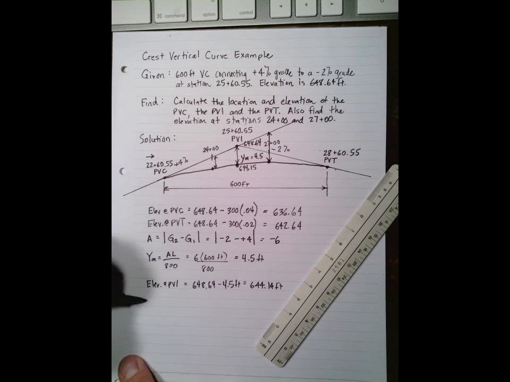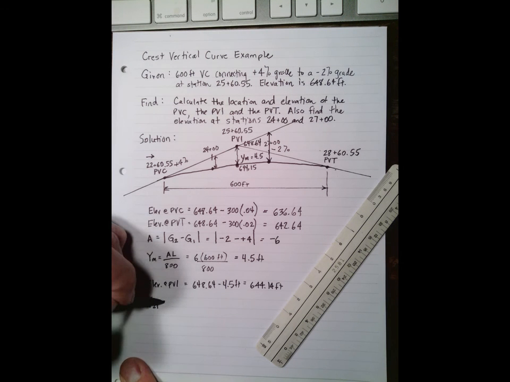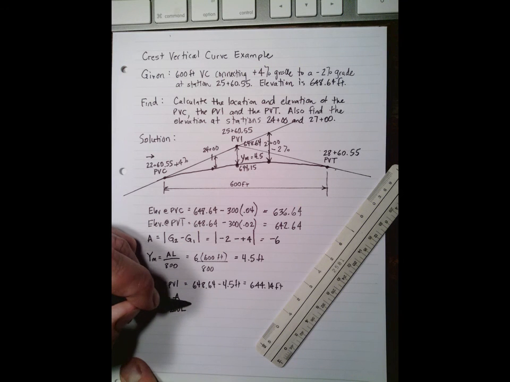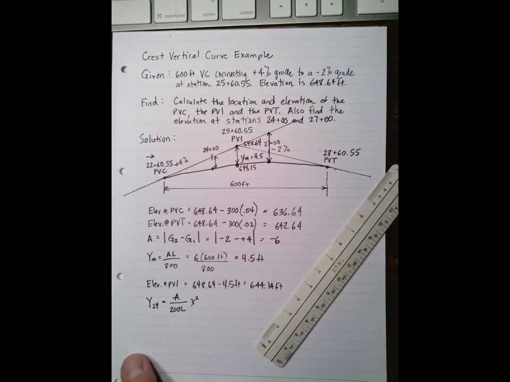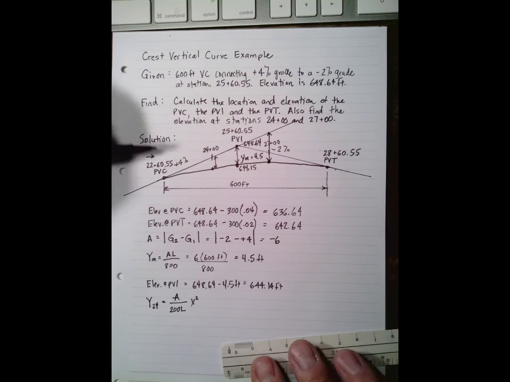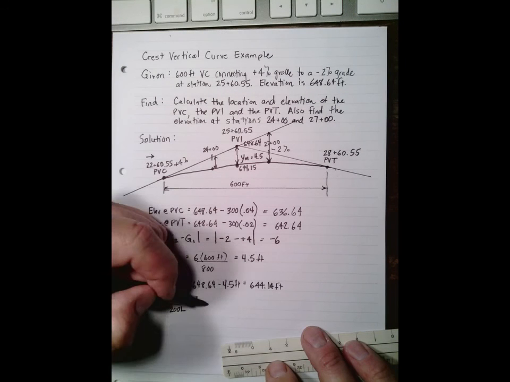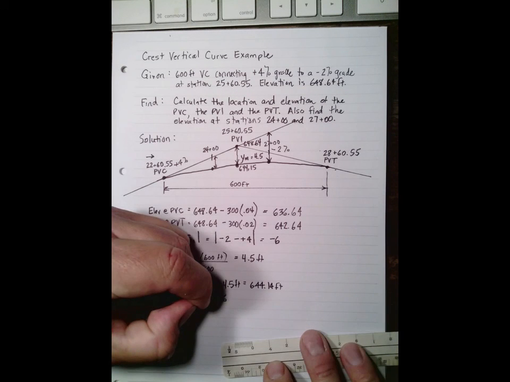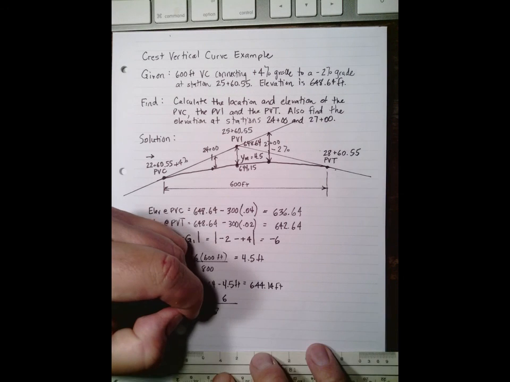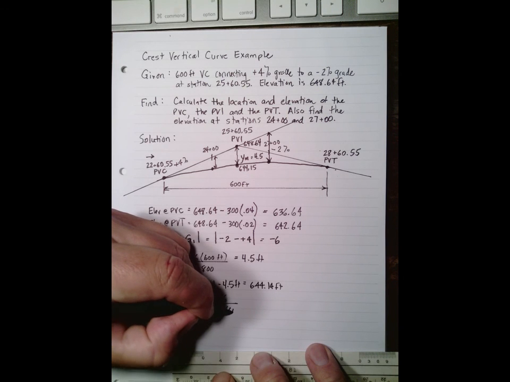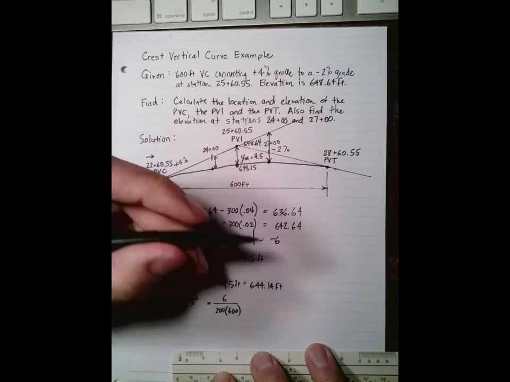Okay, so starting with station 24, I'll just call this y sub 24 for the moment. And you might remember the equation that we use for this is A divided by 200L times x squared, where x is the distance from, in this case, the PVC, since we're moving from left to right. So A again is 6, divided by 200 times L, which is 600, the length of the vertical curve.